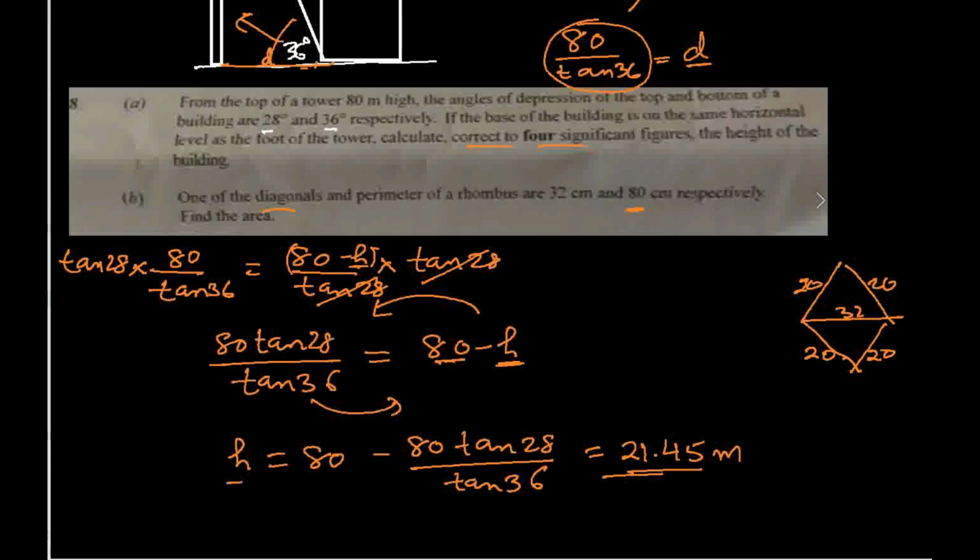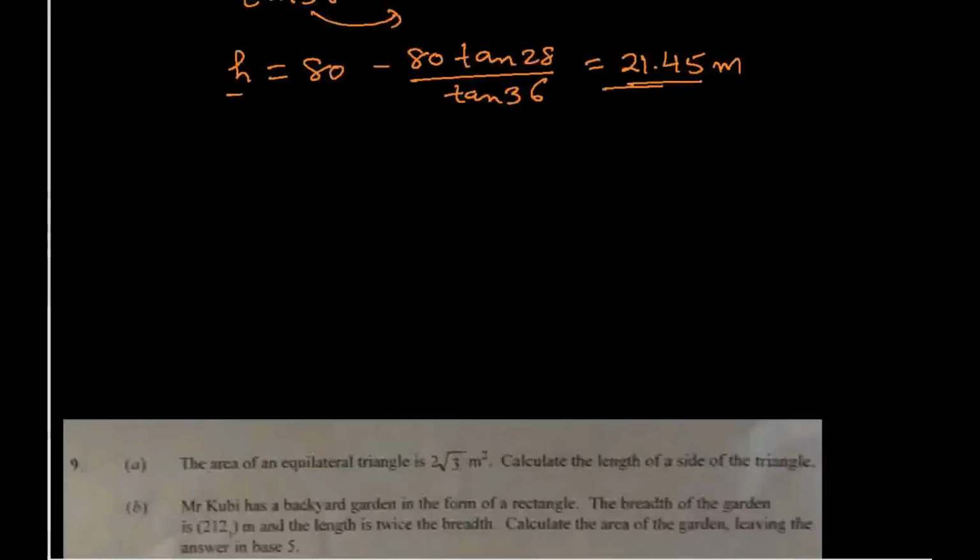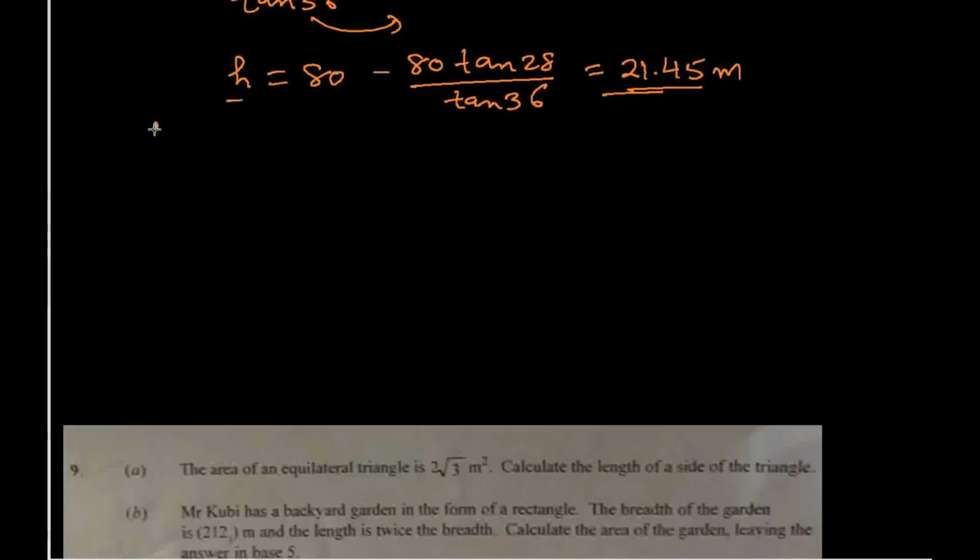Let me draw it properly now. Okay, so this is the rhombus. Doesn't matter which one is 32. I'm assuming this is 32. We'll get the answer the same way. So this is 20, this is 20, this is 20, and this is 20. So if I find the area of one triangle, I'll get the others very easily.